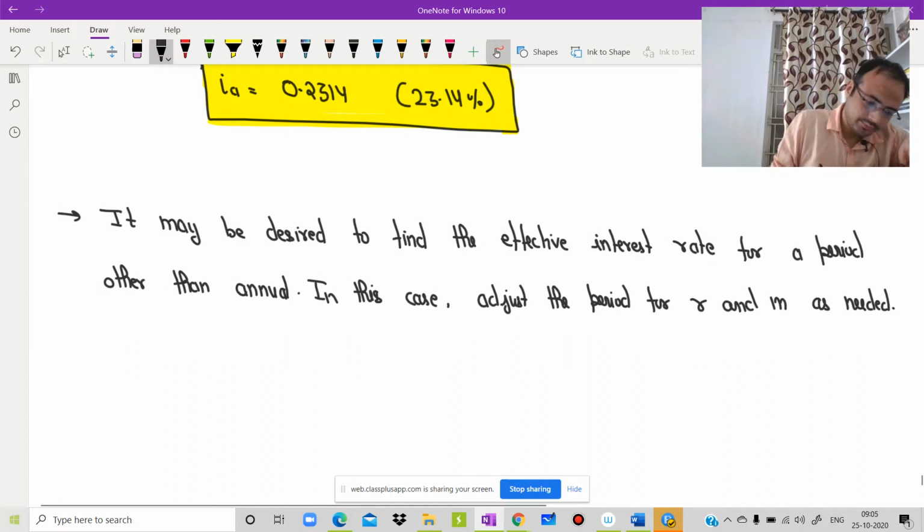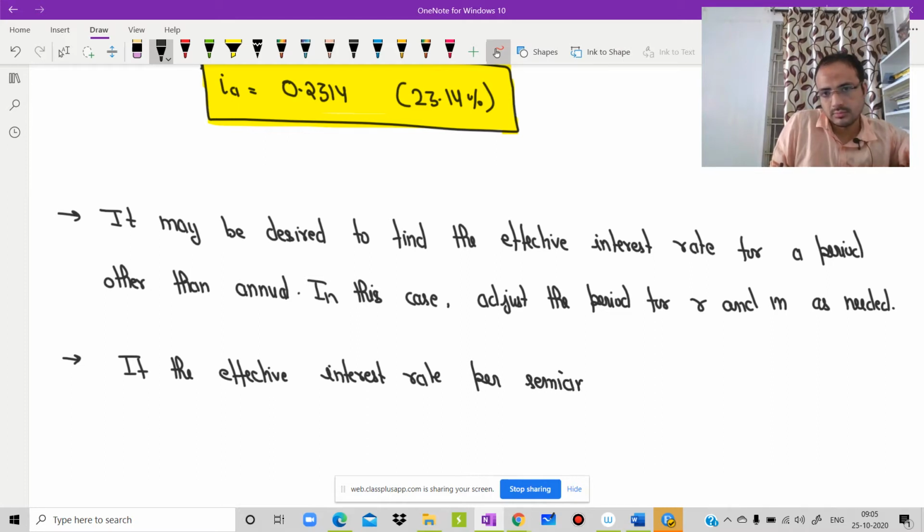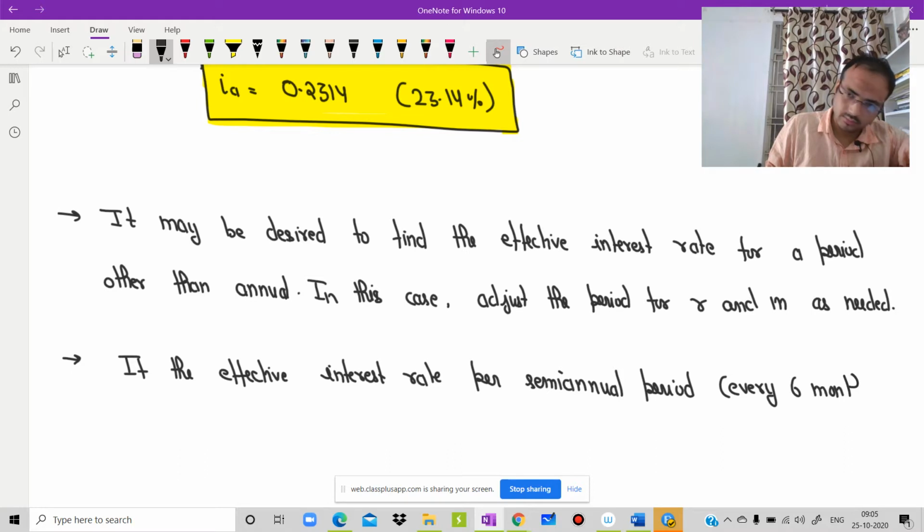Suppose, for example, the effective interest rate per semi-annual period, which means every 6 months, is desired.